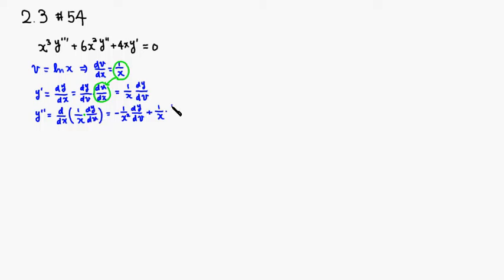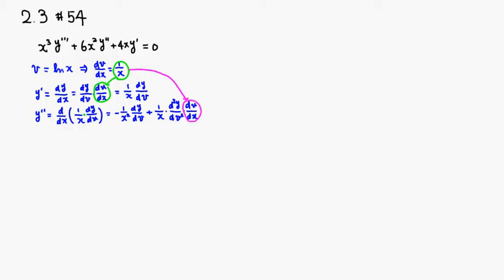We can take the derivative with respect to v first, so it's the second derivative of y with respect to v, but we have to multiply by dv over dx. Again, we can plug 1 over x into dv over dx.